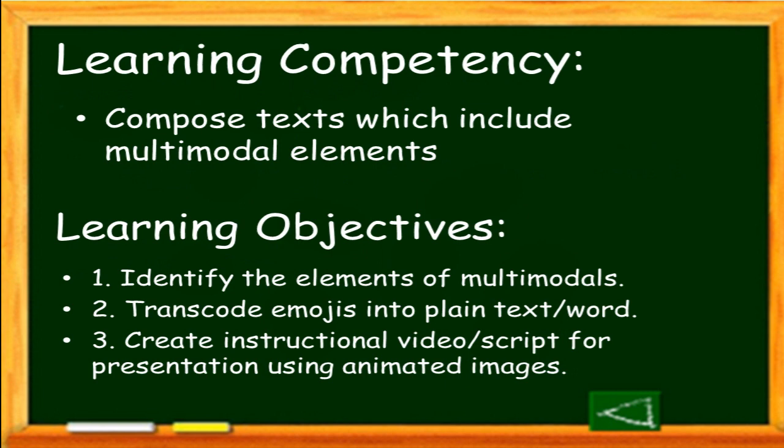Our lesson for today will gear you to compose texts which include multimodal elements. At the end of the lesson, you are expected to identify the elements of multimodals, transcode emojis into plain text or words, and create an instructional video or script for presentation using animated images.